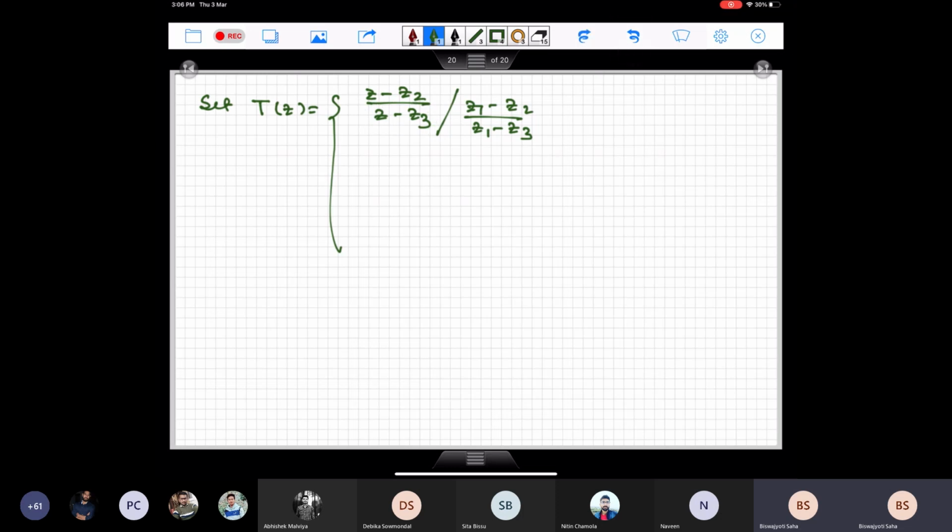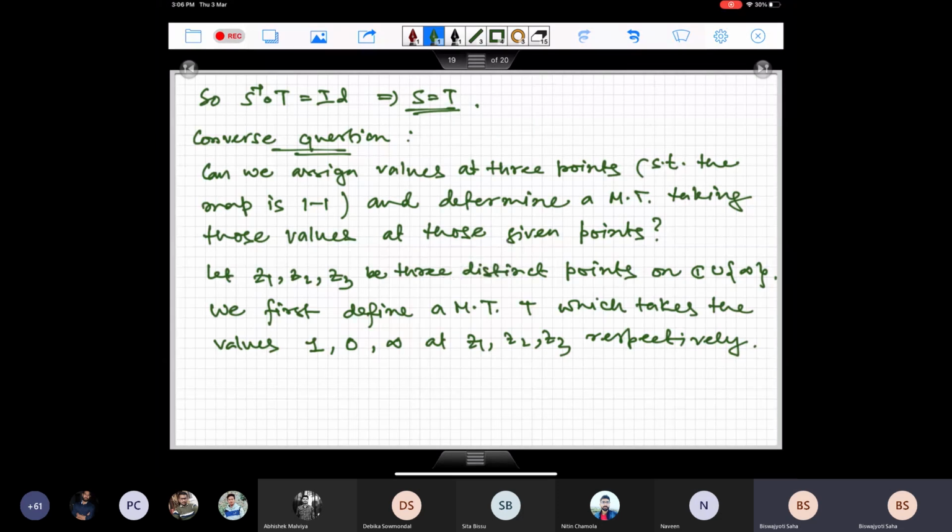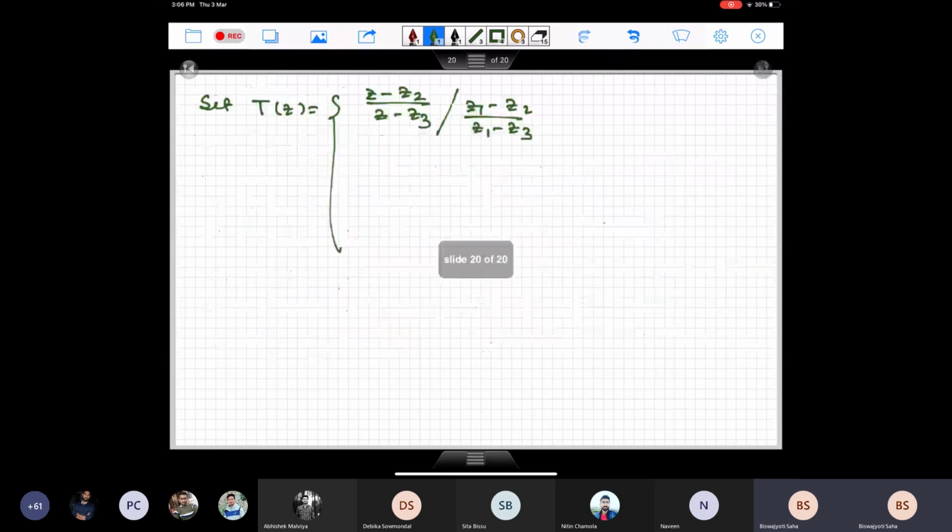And now I want also that at Z1 the value should be equal to 1. So if you just ignore this part, then you can see that at Z1 the value is Z1 minus Z2 divided by Z1 minus Z3. So I just neutralize that and get this one.